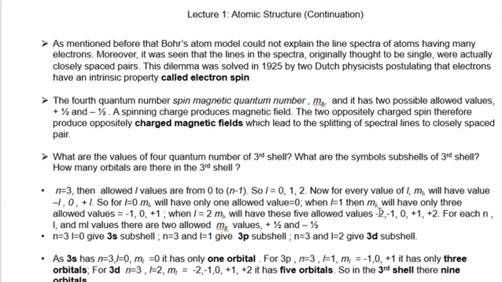When L is equal to 2, ml will have 5 values: minus 2, minus 1, 0, plus 1, plus 2. So n, L, and ml are the allowed values, and then ms has values plus half and minus half. In the 3s, 3p, and 3d subshells, how many orbitals and electrons we can have, we can calculate and find out.